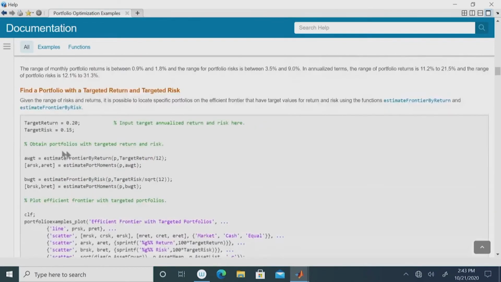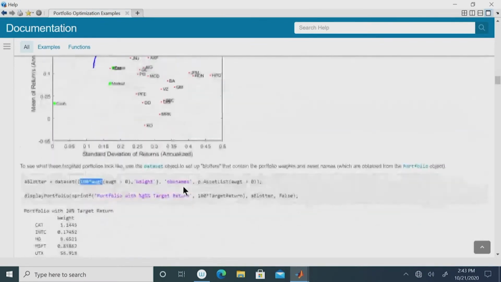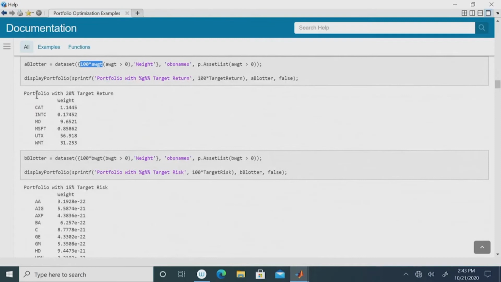Remember AWGT is the one corresponding to the targeted return, and it turns out that the portfolio with a 20% target return will comprise these 6 individual assets. Observe here that amongst these the highest weights, adding up to about 80% of the portfolio, are for UTX, which is 56%, and WMT, which is 31.253. UTX is Raytheon Technologies and WMT is Walmart.